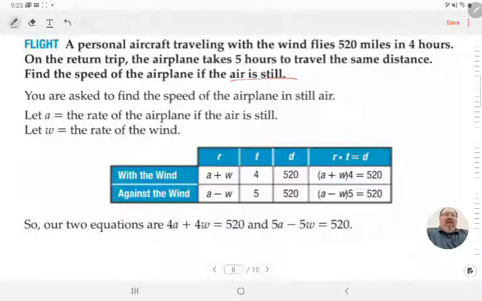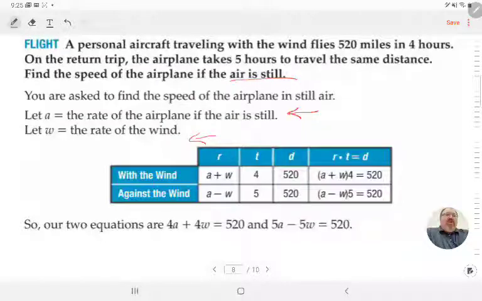So we could let A represent the rate of the airplane if the air is still, and we can let W equal the rate of the wind. And so we need to write some equations. Well, we could say the rate of the airplane in still air plus the rate of the wind, okay? That would be going there because we're flying with the wind.